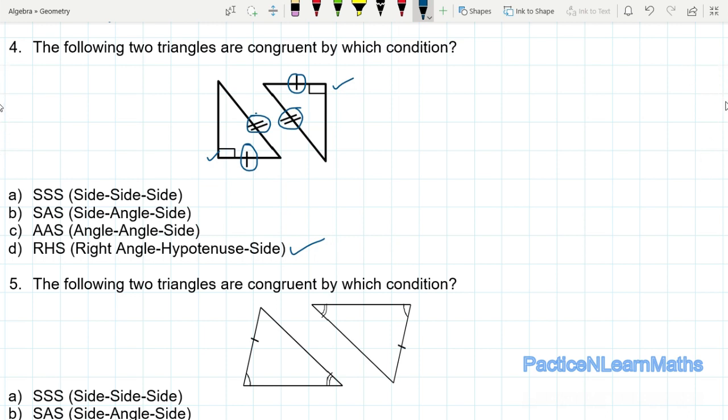Here you see they are right angles. So we can write R. The hypotenuse is equal. So we can write H. And one side is equal. So S. So right angle hypotenuse side. Correct answer is 4D.